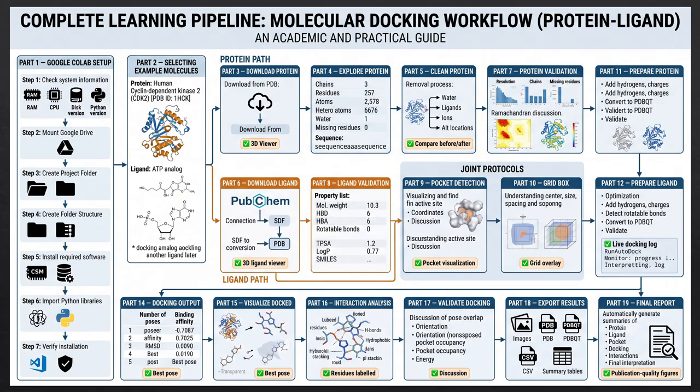Otherwise the entire pipeline runs within less than 10-15 minutes. And since the entire pipeline is completely designed, you don't need much time unless you get any errors to fix. So we have also seen how we have summarized the interaction analysis, and we have validated the docking. Finally, we have exported the results in the form of PDF, PDBQT, CSV, different images, and also summary tables.